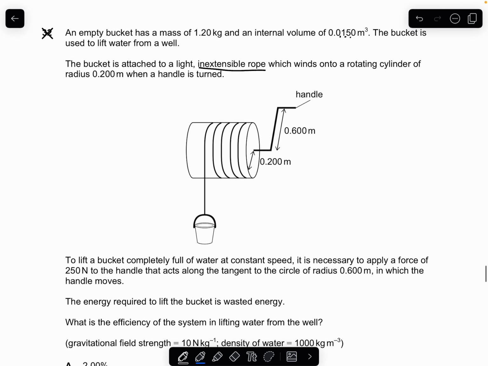Well, first we will calculate the force.